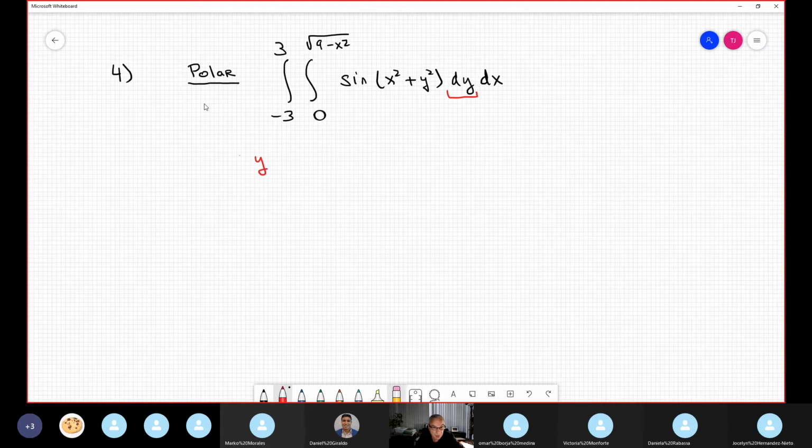Therefore, y varies from 0 to square root of 9 minus x squared. And x is the second. x varies from -3 to +3. So with this information, I have a little bit of information to understand the region. This is my first equation.